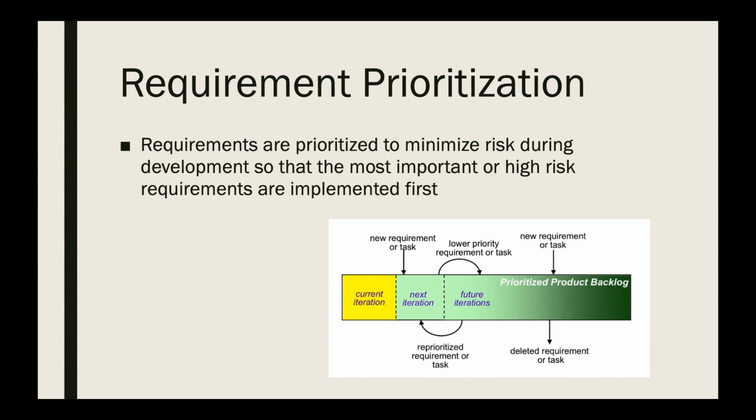As you can see in this chart, it shows how requirement prioritization plays its part in the whole process when new requirements or tasks need to be added into the system. When a new requirement or task is needed in the project, the most important ones are added at the front, and then the lower priority ones are added in the back.